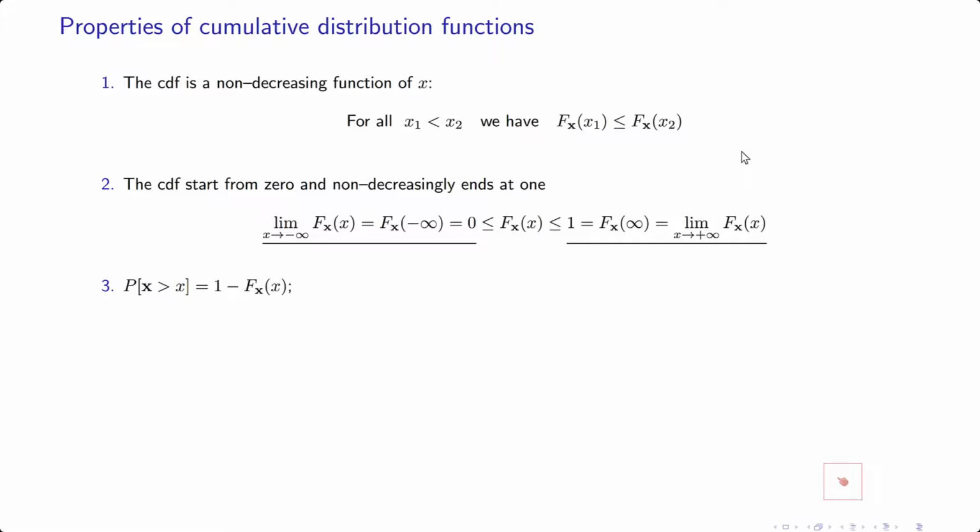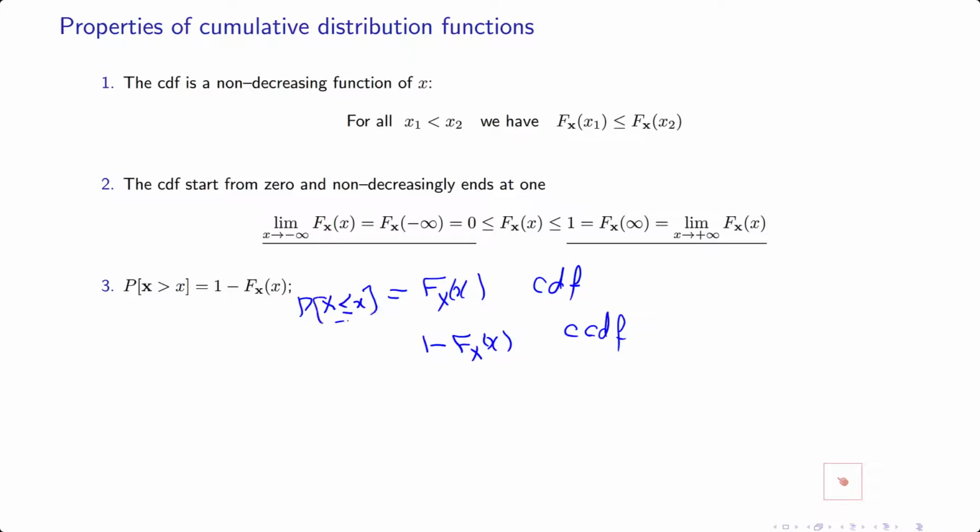The probability of X being greater than x is called the complementary CDF. So FX of x is called the cumulative distribution function, but 1 minus FX of x is the complementary CDF, or complementary cumulative distribution function, because this is the probability of X being smaller than or equal to x.